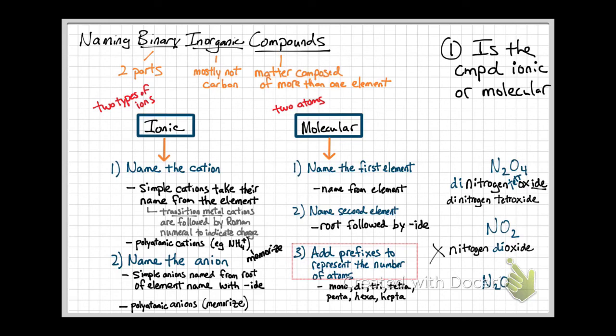Let's do one more. Our last nitrogen oxide compound. So name the first element followed by the second element with the IDE ending. This one we will distinguish with prefixes. There's 2 nitrogens, so we write di.